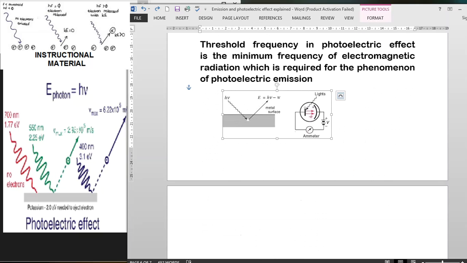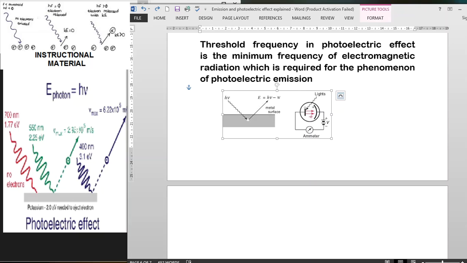So as you can see in the diagram, while the photons are incident on the metal surface, the higher the frequency at which they fall on the metal surface, the more the possibility of electrons being emitted.